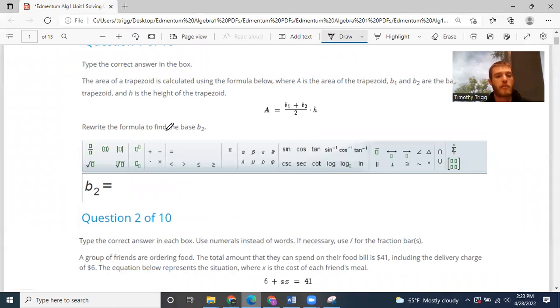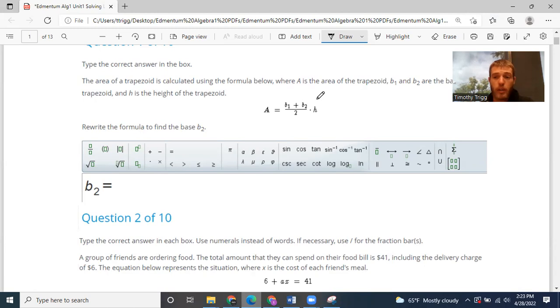Rewrite the formula to find the base B sub 2. Now, notice you have two different B's in this equation, right? You have B sub 1 and B sub 2. Whenever you see those subscripts, those don't actually do anything mathematically.